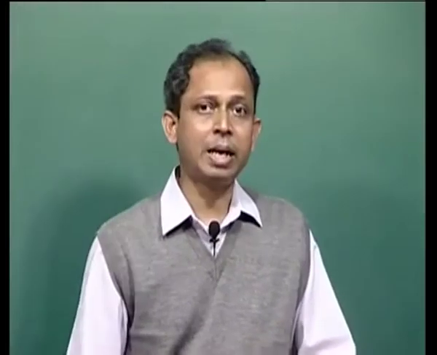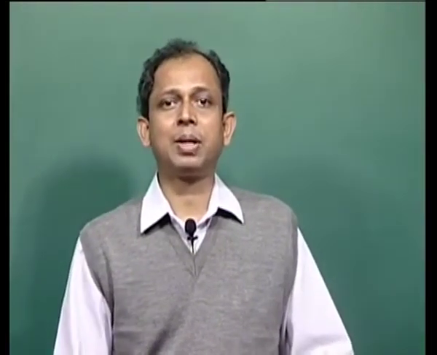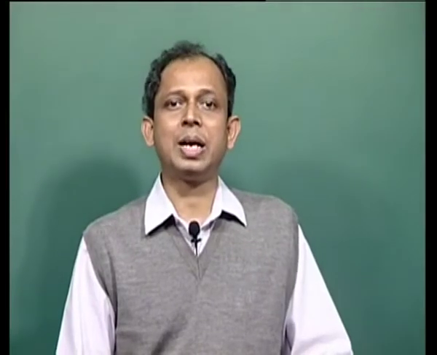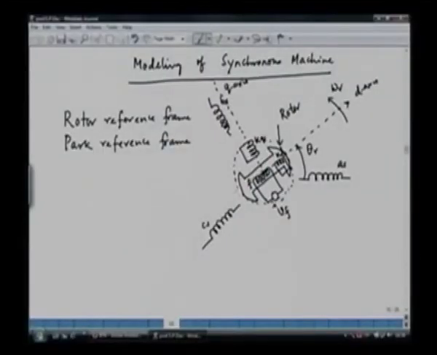Similarly, in the Q axis, air gap is also constant, because the stator is cylindrical, rotor is salient pole rotor, but the D axis and the Q axis have well defined inductances, and we popularly call them LD and LQ, or XD and XQ for the reactances in the D axis and the Q axis respectively. So if you take the rotor reference frame, there is a natural advantage of having constant inductance in the D and Q axis respectively.